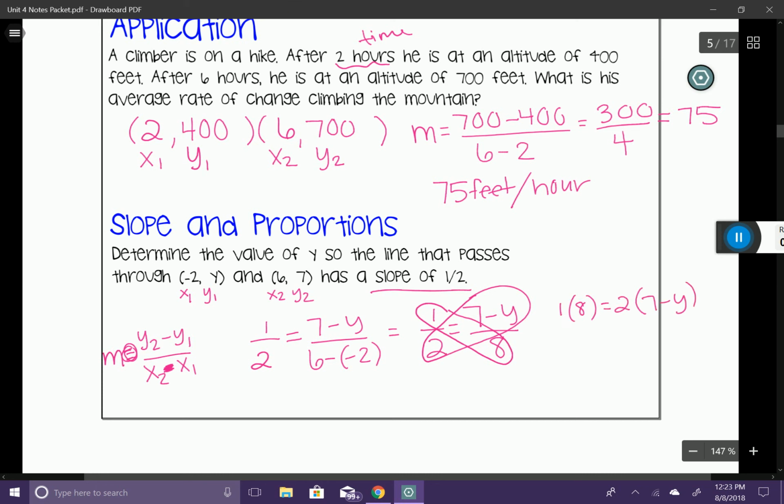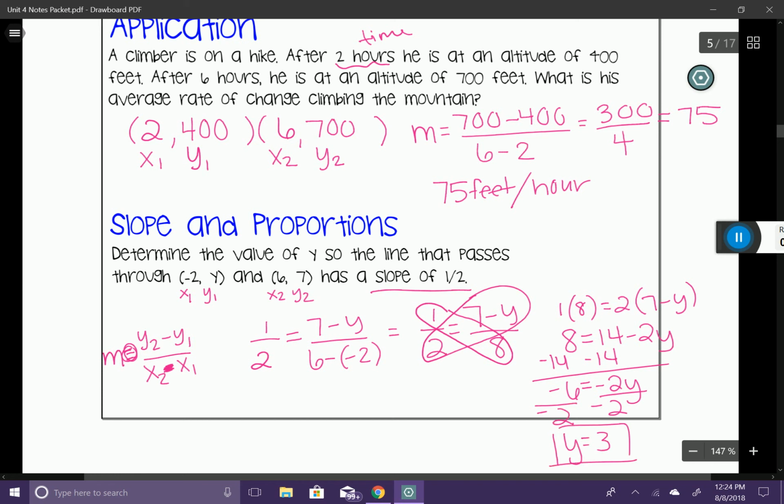And I'm going to simplify it just like I know how from the last unit. 8 is going to equal 14 minus 2y. And then I'm going to solve this two-step equation as such. Divide both sides by -2. So my y will equal 3.